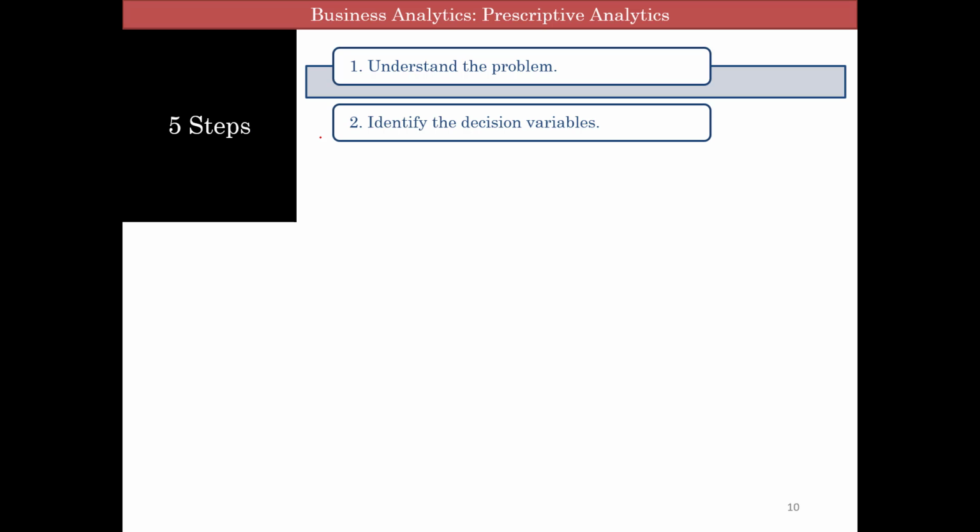So we are looking at decision variables as the number of Aquaspas and number of Hydroluxes you should produce, right?